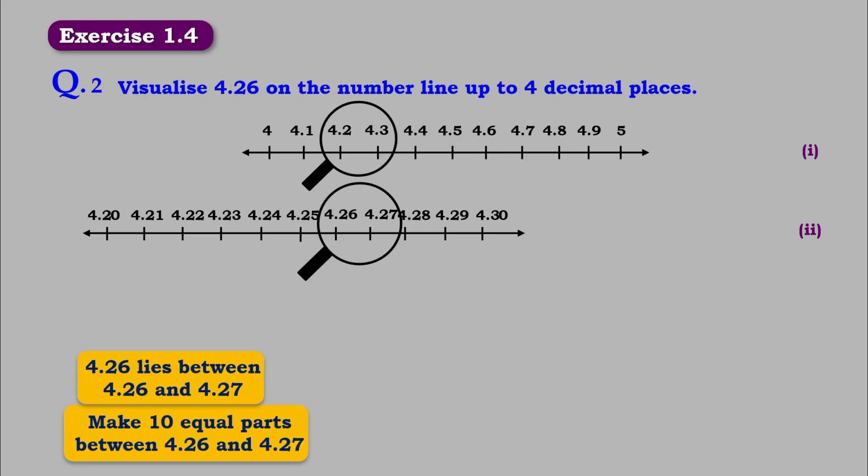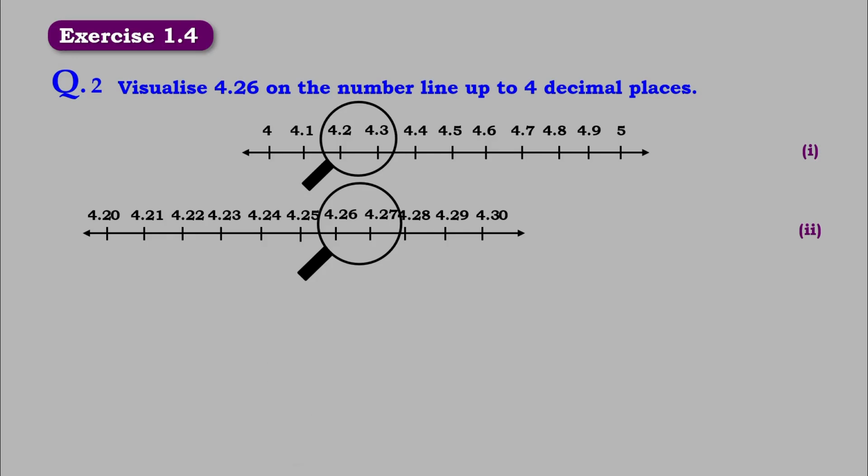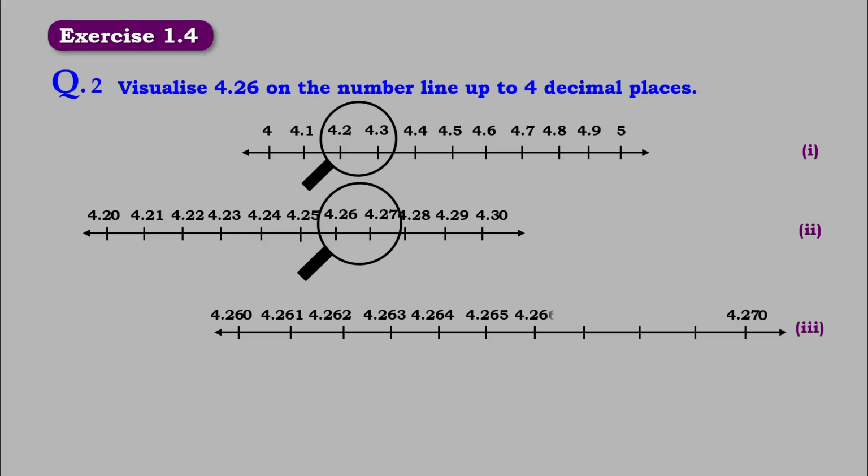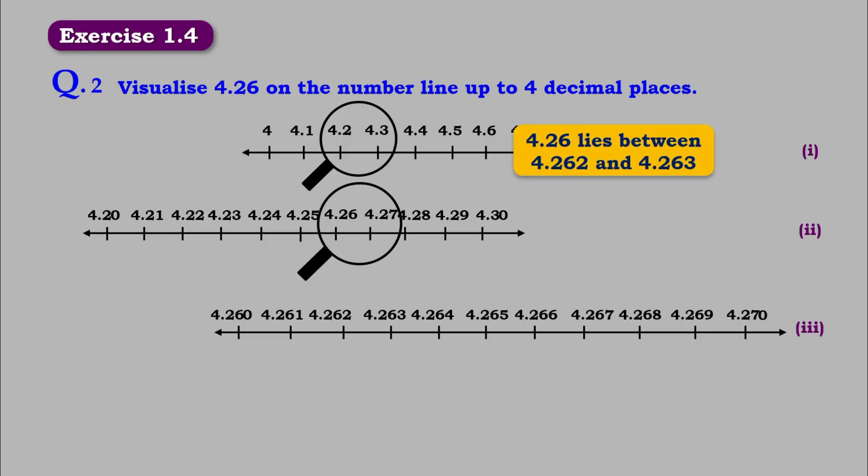Since it has asked that we have to do it up to 4 decimal places, so again we will do the number line. We'll expand that 4.26 and 4.27 with 10 equal divisions. So now it becomes 4.260 and 4.270, and we'll write the in between numbers.